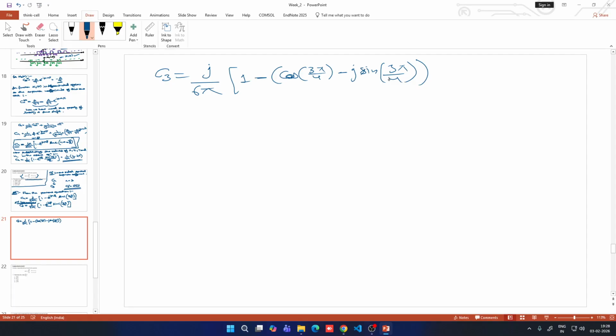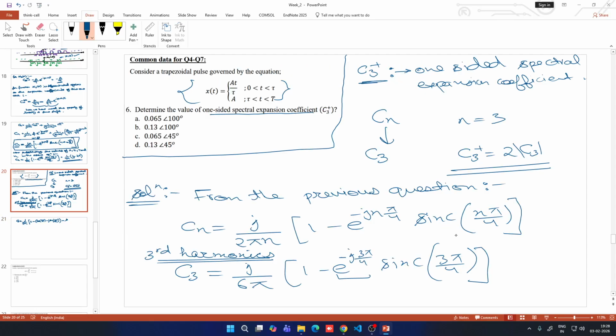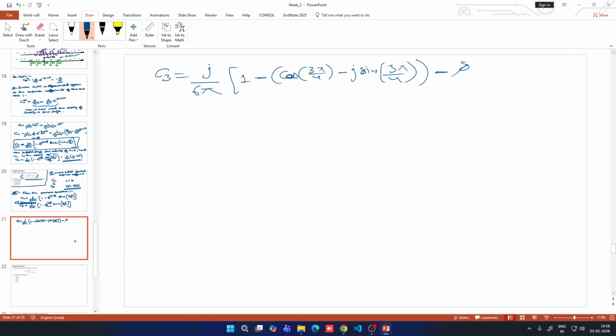Another sinc term is also there, in multiplication with this. So instead of writing sinc, I am directly writing sin x by x, which is sin 3 pi by 4 divided by 3 pi by 4.